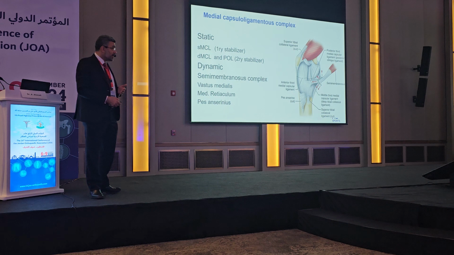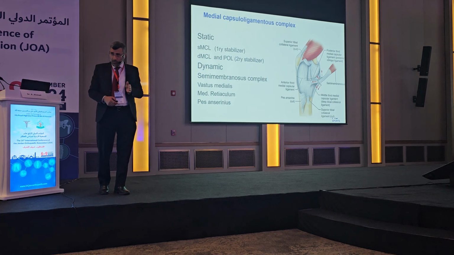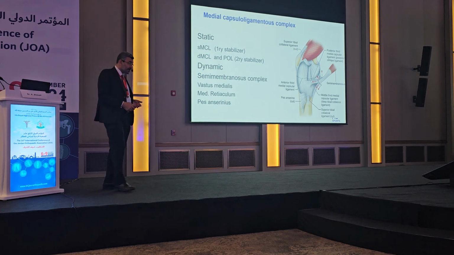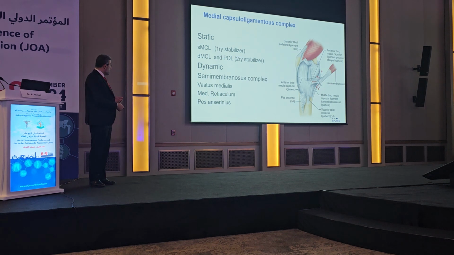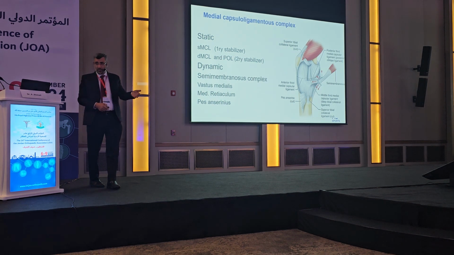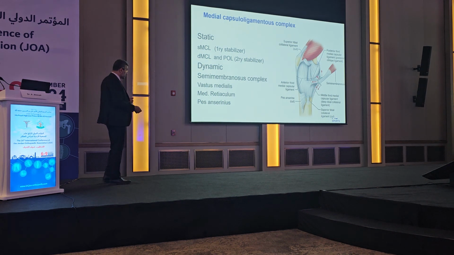So if, for example, we implant a ligament, we have to keep the muscles which protect this ligament. So we have what we call static stabilizer and dynamic stabilizer. And we know the MCL, the superficial part and the deep part, the role of them, which is primary, secondary, and also we have the dynamic.